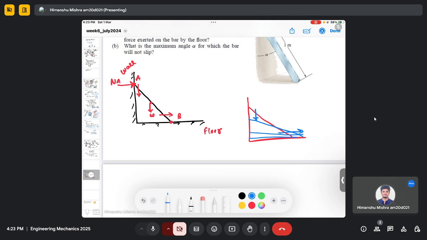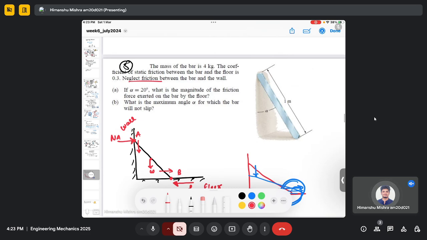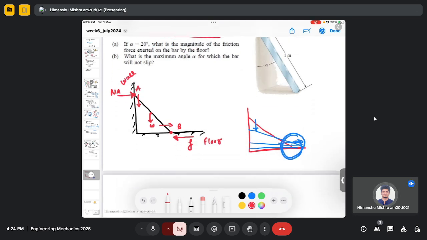So at this point my friction should be opposite to motion, which is this direction, which is F here. But why will there be no friction at A then? It's given in the question. Oh, okay. So there will be F, and there will be a normal reaction force also at B, which is Nb.